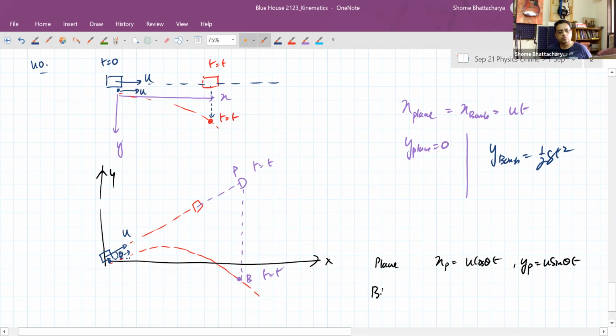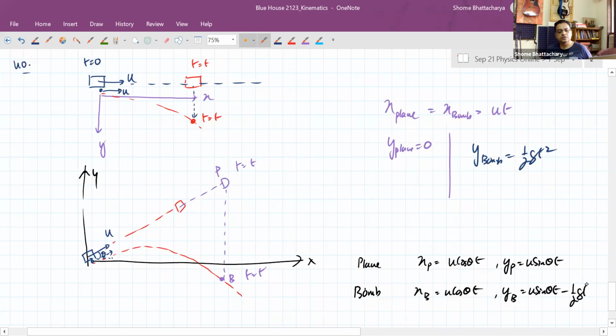For the bomb, the x component of displacement is u cos theta t. The y component of displacement is u sin theta t minus half gt square.